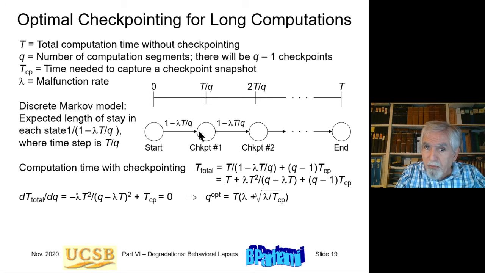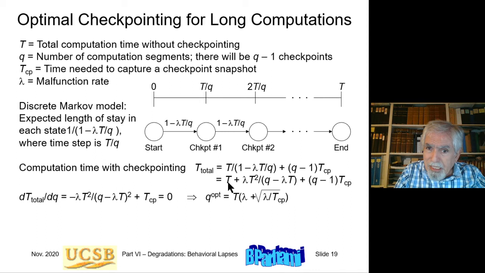The amount of time we spend in each of these checkpoints is t_cp, and therefore q minus 1 checkpoints have that overhead. So this is the total running time with checkpointing. Okay, with some algebraic manipulation, it's easy to prove the equivalence of these two expressions.